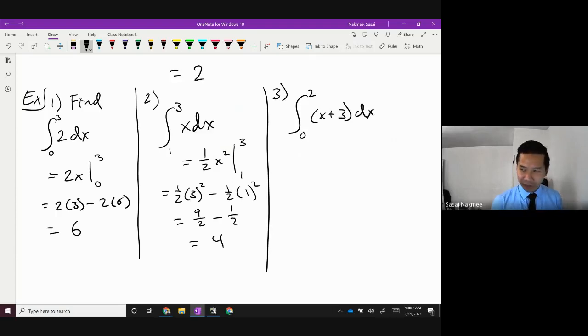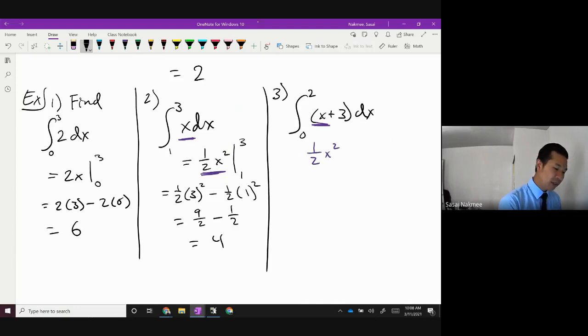This one's going to be a tricky one. The integral of x plus 3 dx. Remember the property that you're allowed to use: you can split these up into the x and the 3. That looks like exactly what Monica did. The antiderivative of just x we found over here is 1/2 x squared.